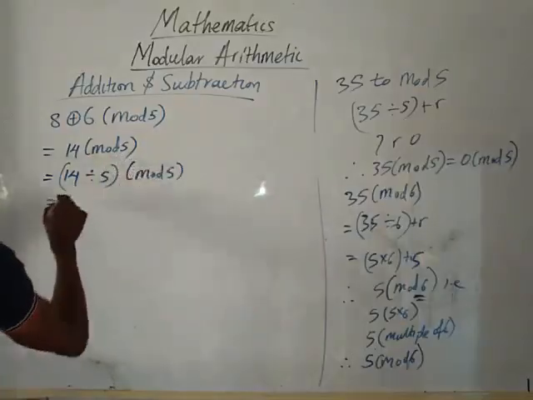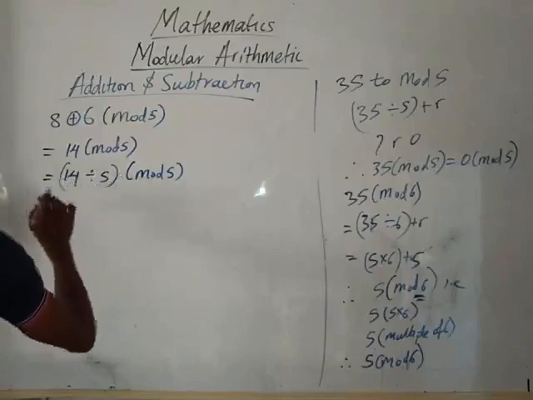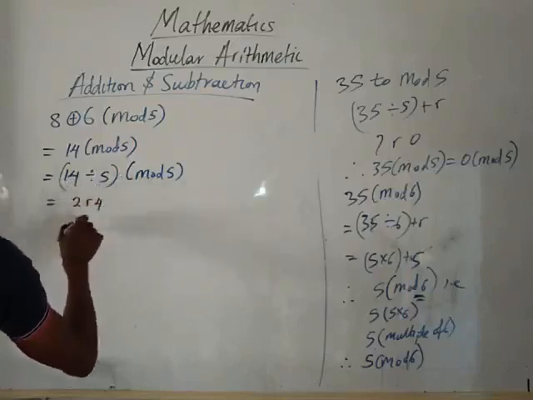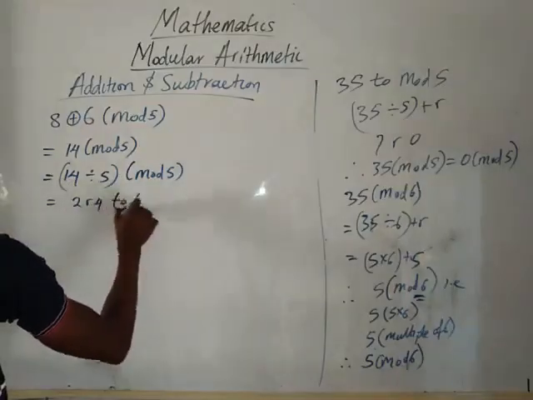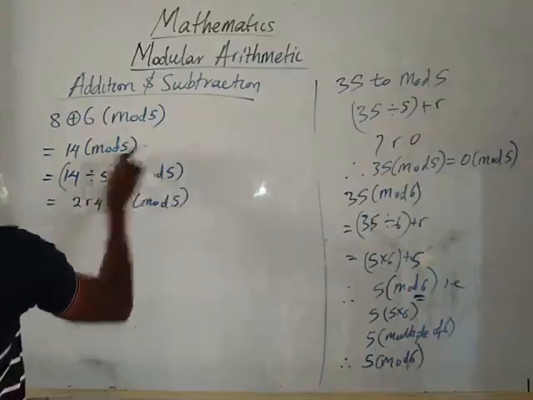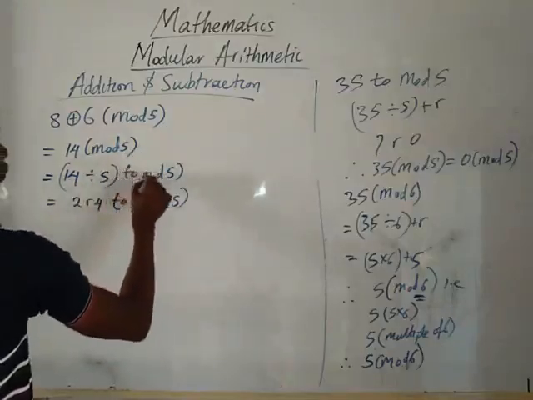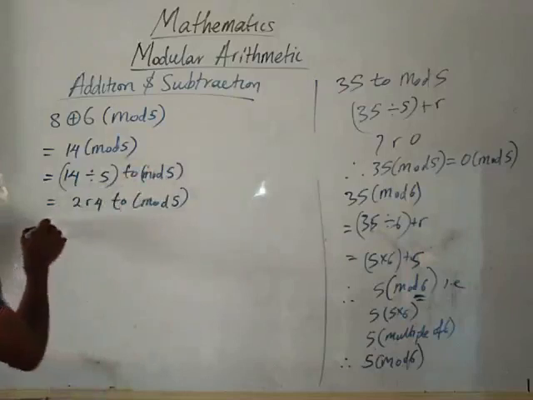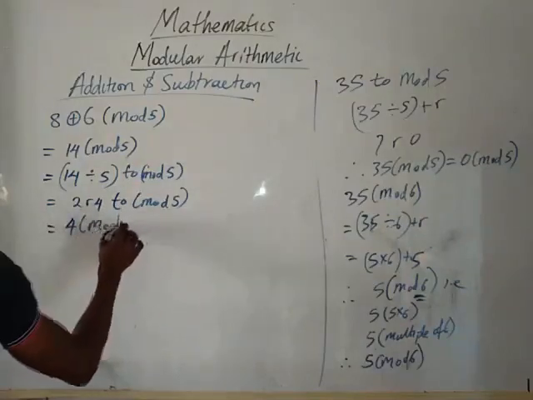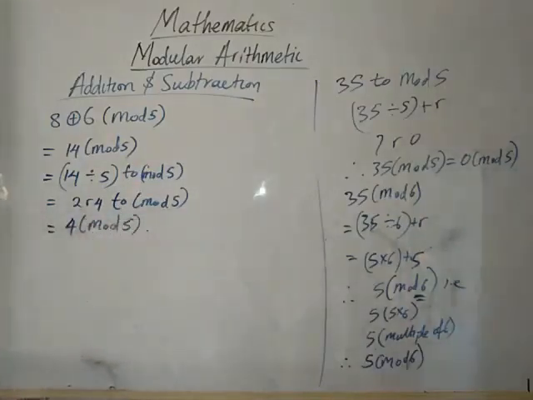That will give me 2 remainder 4. The remainder there is 4 mod 5.